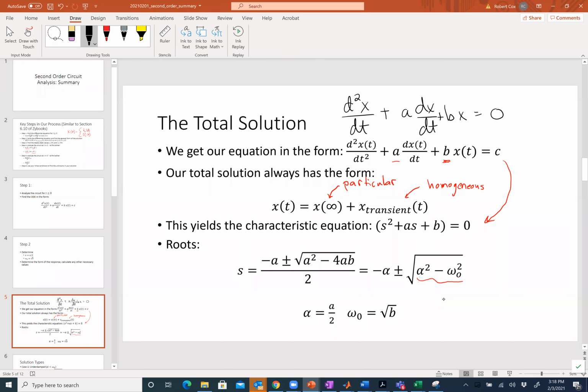The solution to that is the homogeneous solution, or the transient solution. You guess that the answer is basically some A e to the st. You plug that in and you get this thing called the characteristic equation. And the roots of that equation, which I get from here, are the exponents in those exponentials.